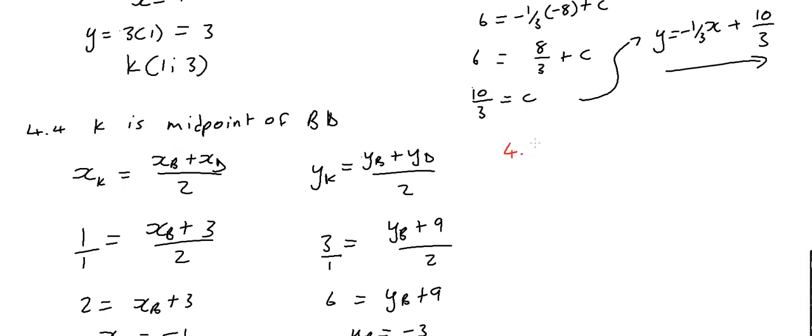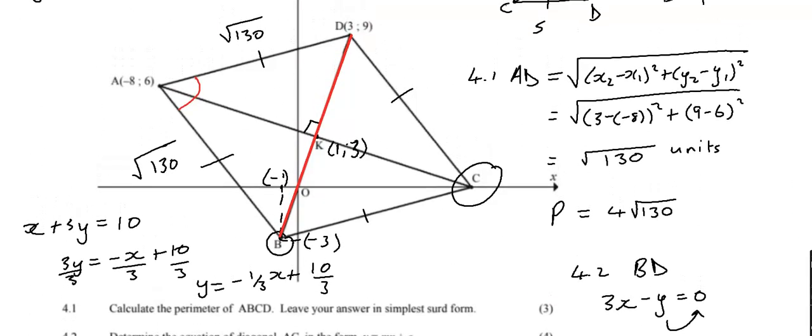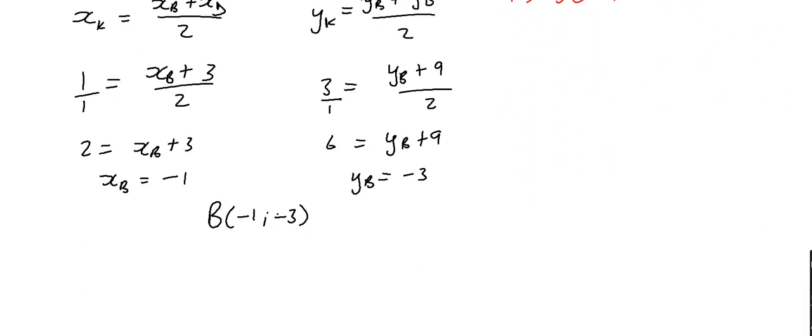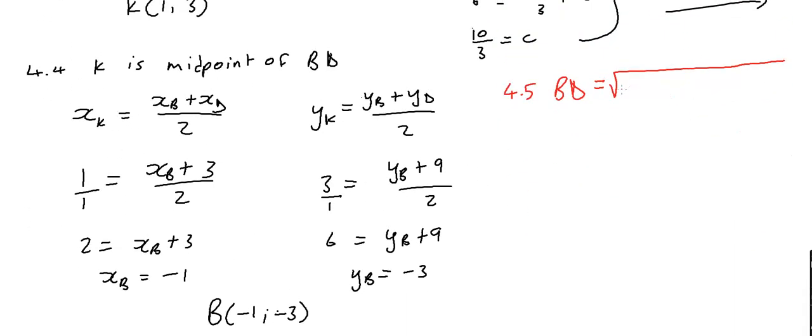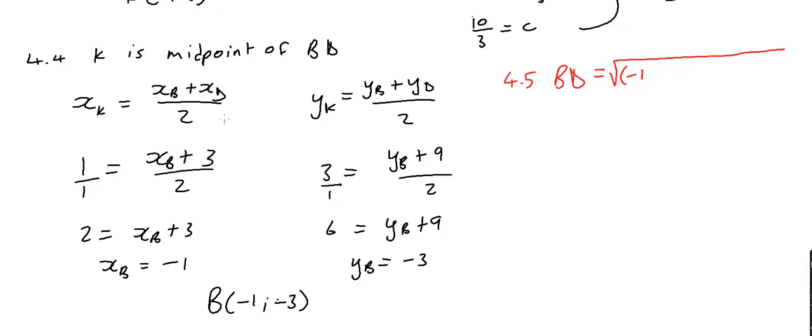So this is 4.5. To find BD, it's just going to be the square root of, we've written the formula before, x2 minus x1. So here B is -1, and then D, the coordinate for D is 3.